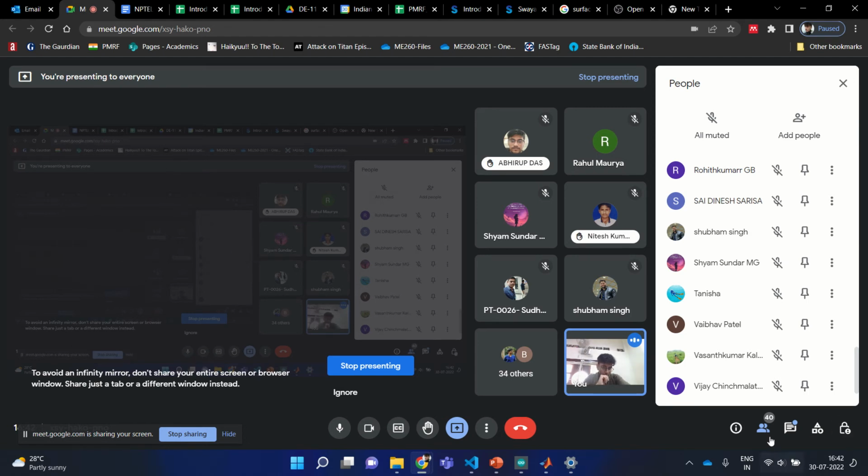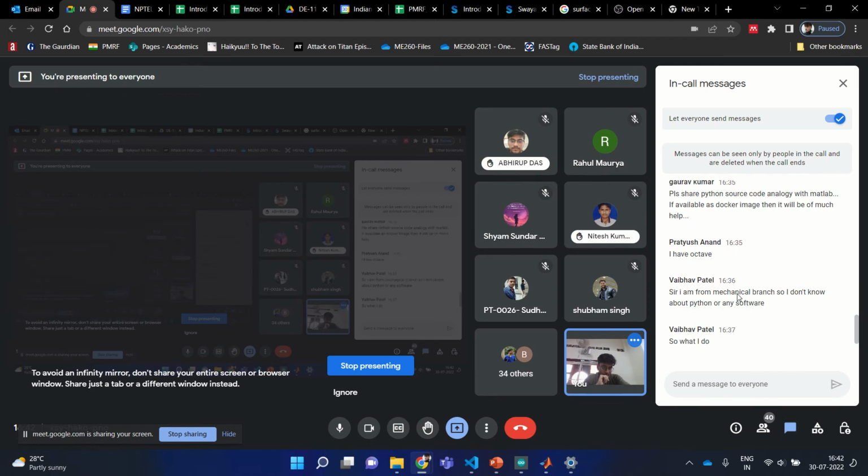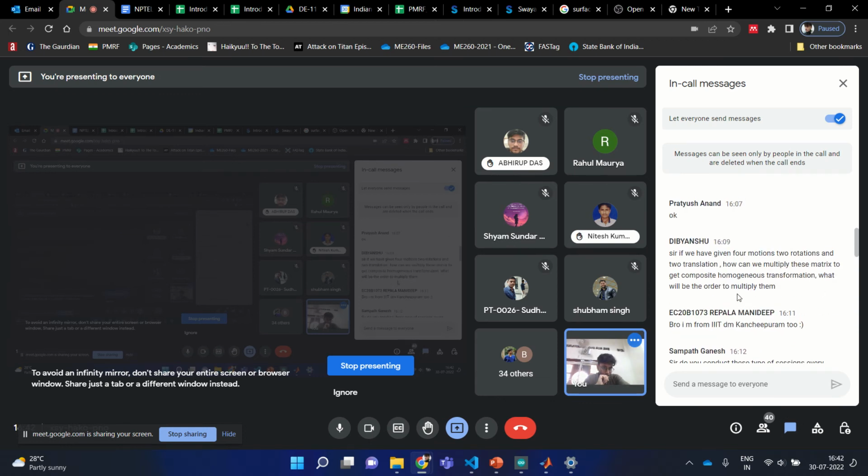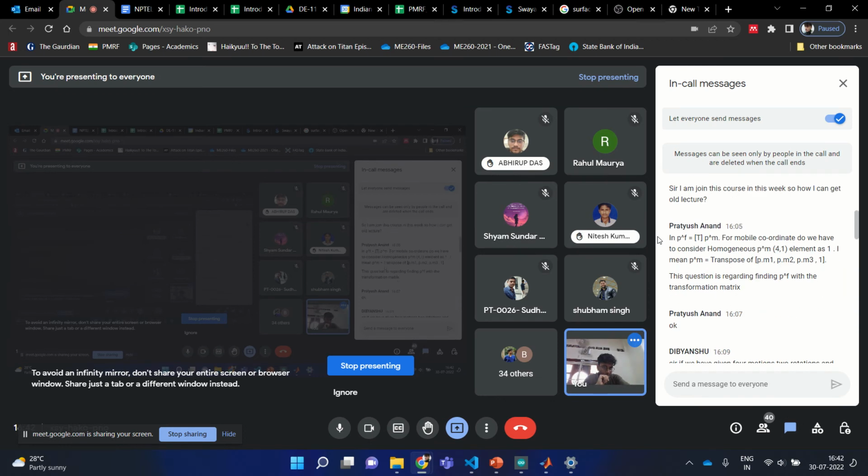Okay. Let me just check the messages. We have sent this question. For mobile coordinate 2, we have to consider homogeneous p4 comma 1 element as 1. Mobile frame position transpose of this equation.